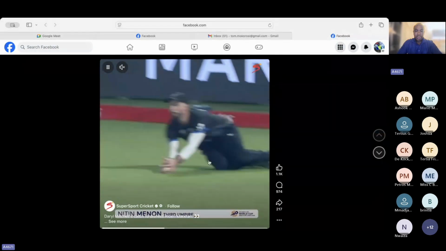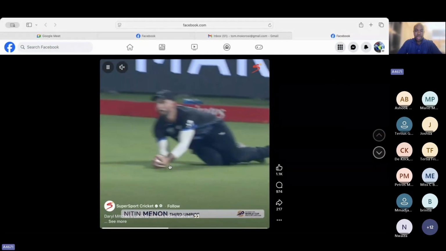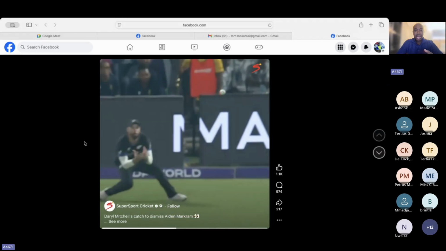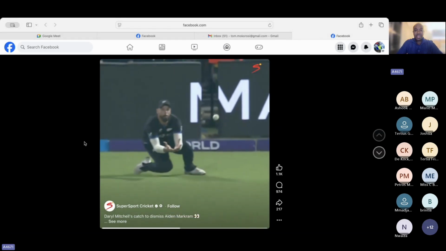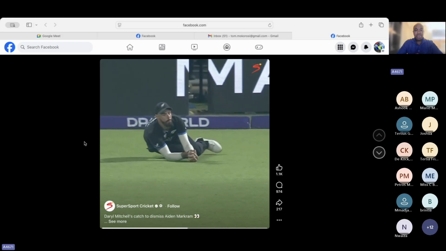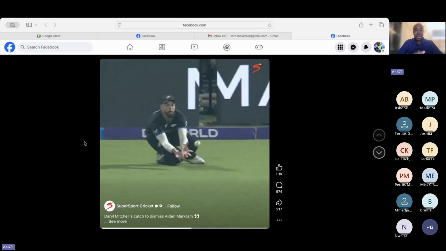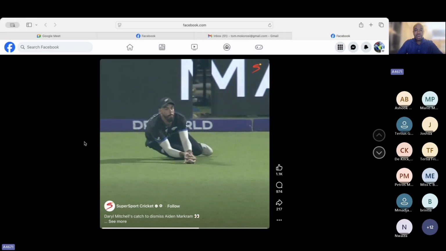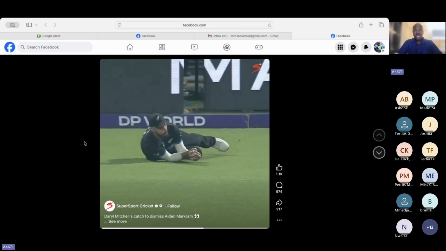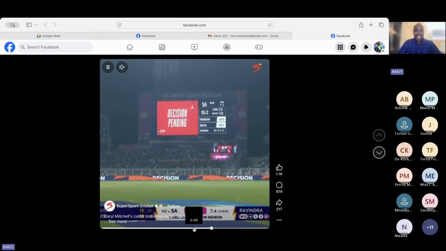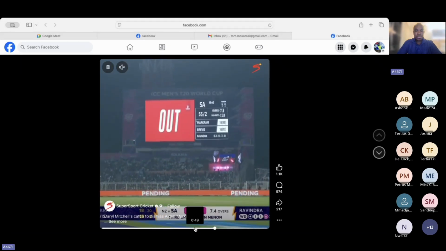So what we need to decide, as TV umpires, is: have the fingers gotten under the ball? Has the ball at any time touched the ground? If you look at it from this angle, it's not conclusive, but it looks like his fingers get underneath the ball. I think that is the angle that he used to make his decision.